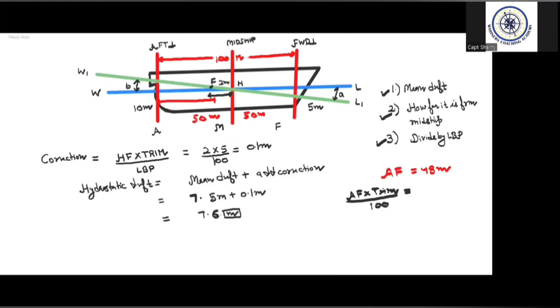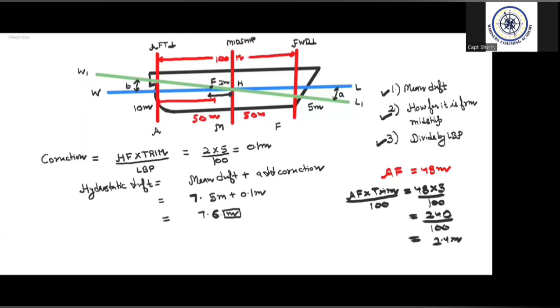That is 48 multiplied by your trim, which is 5 meters, right? Your trim is 5 meters. So divided by 100, it will be 240 divided by 100, which will be 2.4.